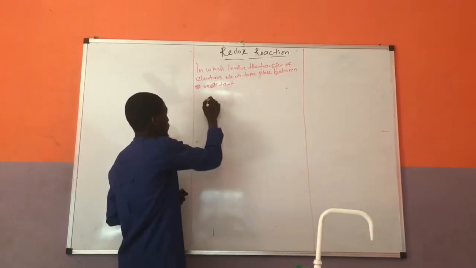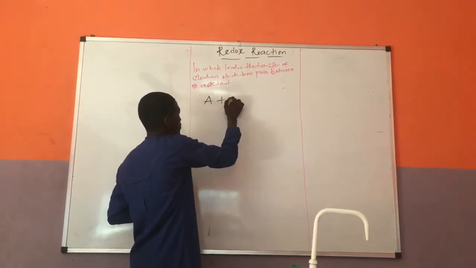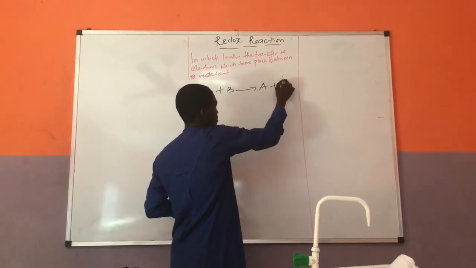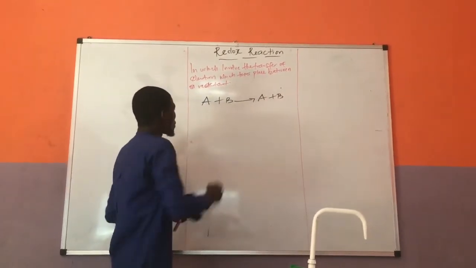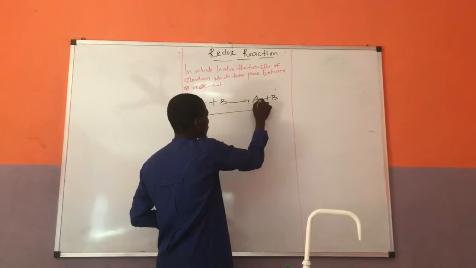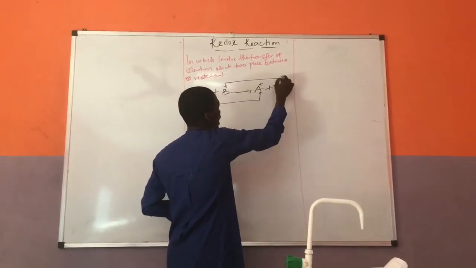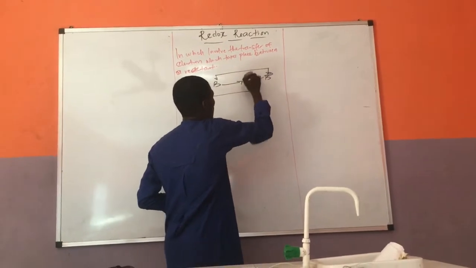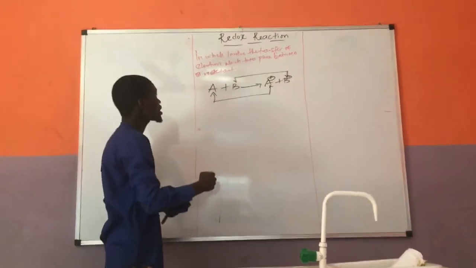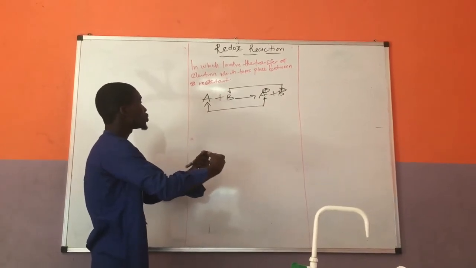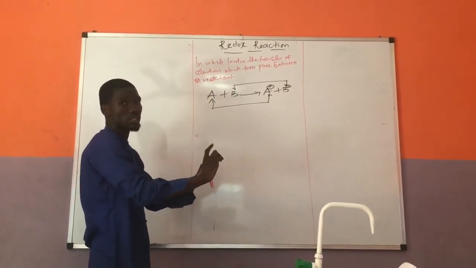For example, I have A plus B. Going this way, I have a positive here, while going this way, I have a negative here. This implies that there exists the transfer of electrons which takes place between the reactants.